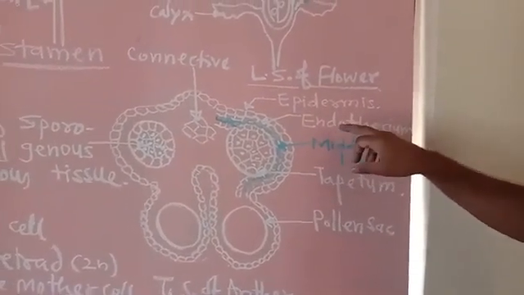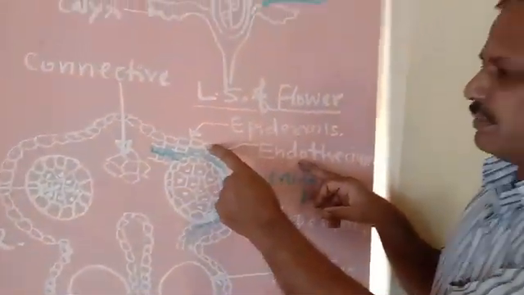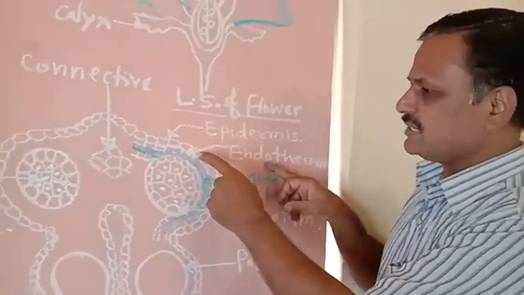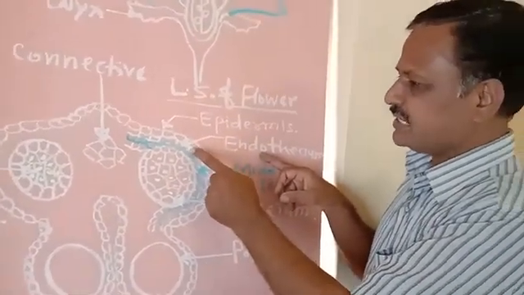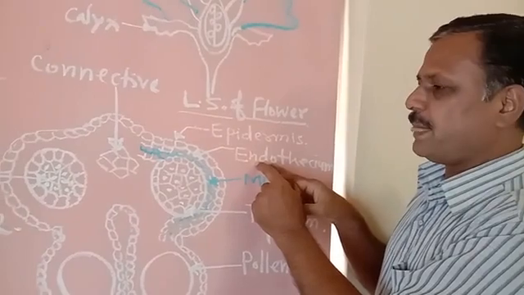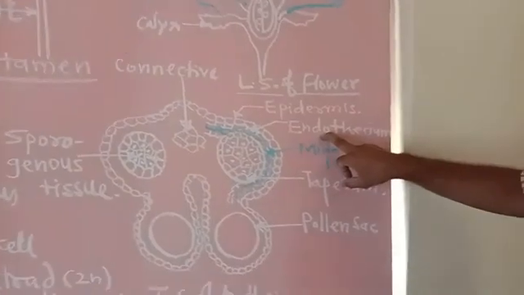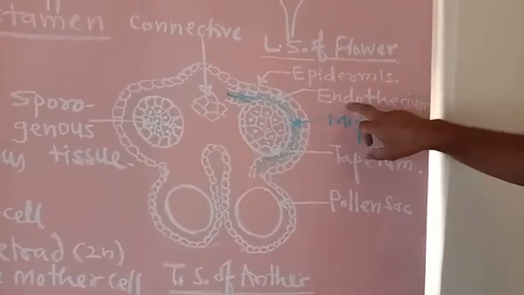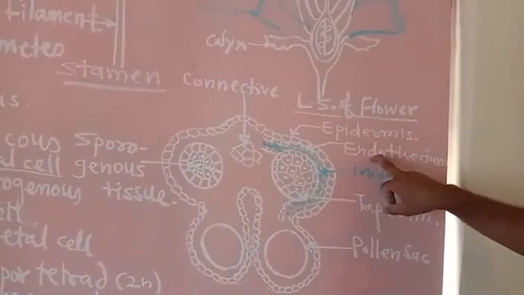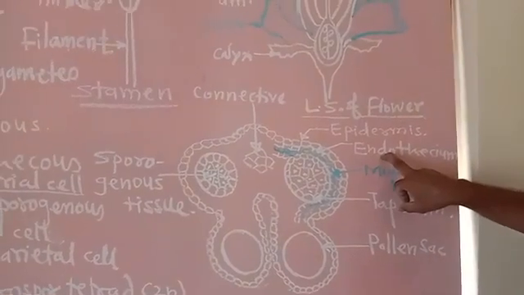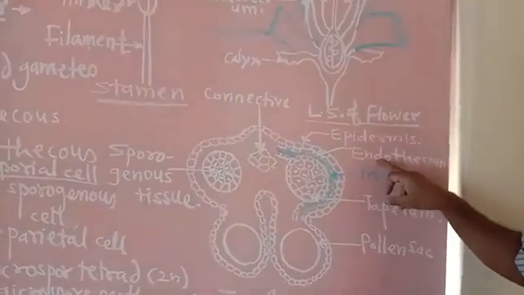Next layer is called endothecium. Endothecium lies below the epidermis. This is epidermis; next follows endothecium. Endothecium is made up of thick-walled, radially elongated cells with fibrous thickening.